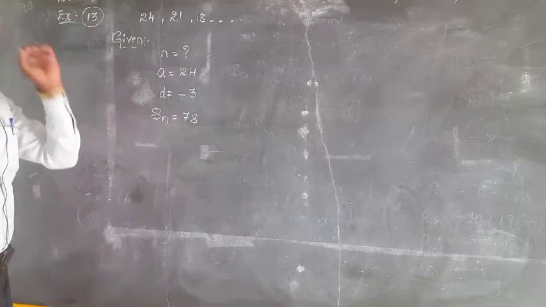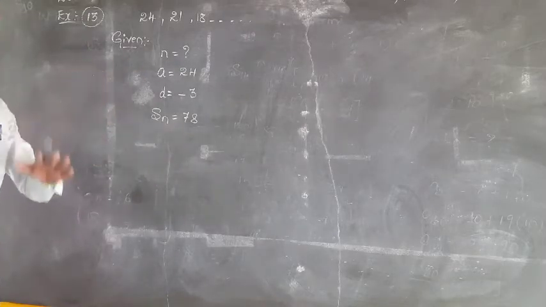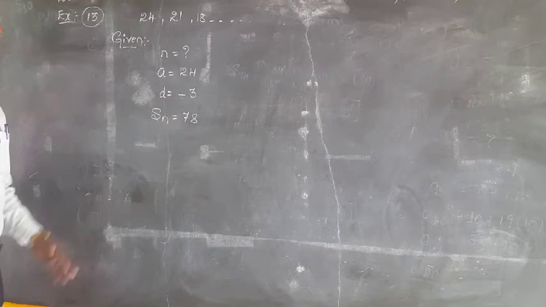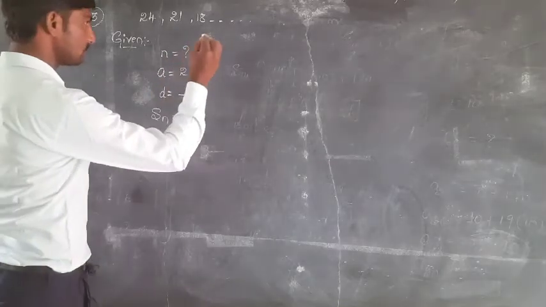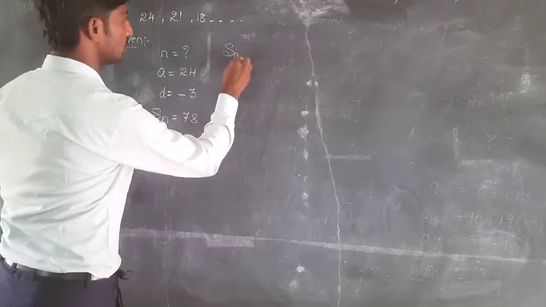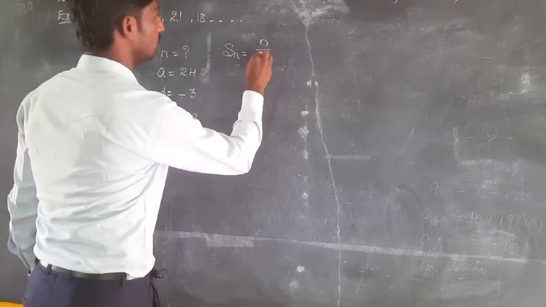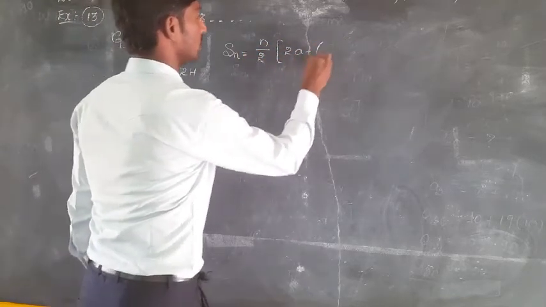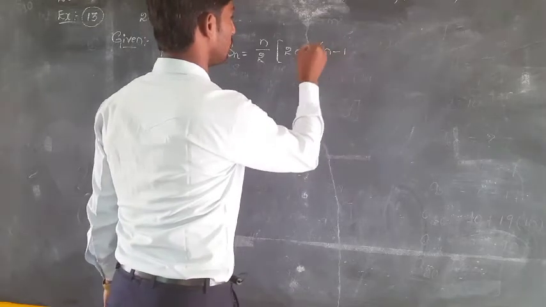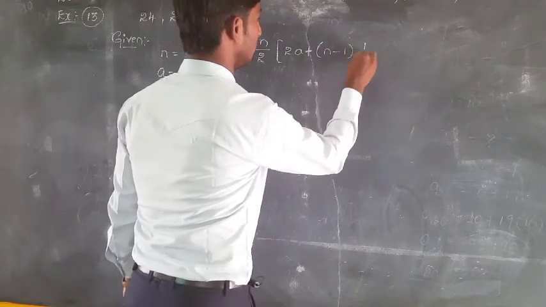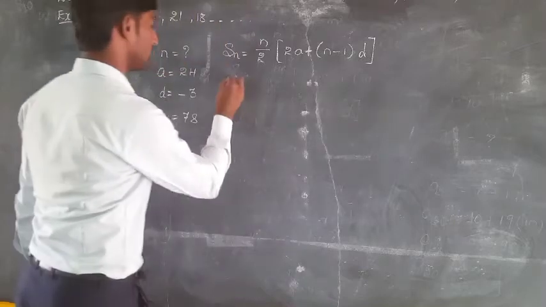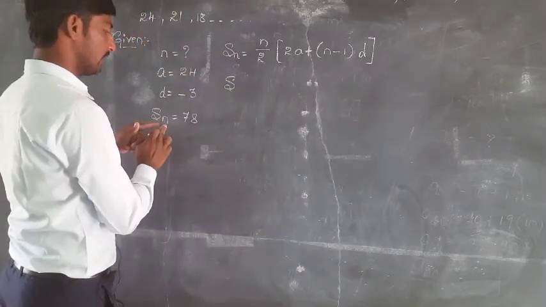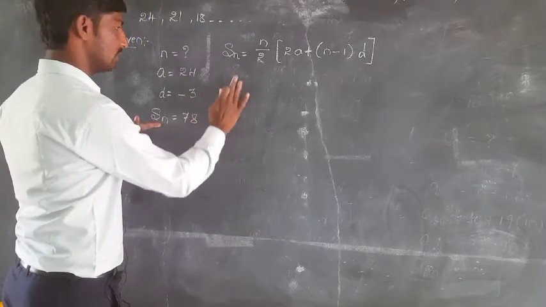For this also we have to use the same formula we discussed in the previous problems, that is Sn is equal to n by 2 of 2a plus n minus 1 of d. Sn value they gave. Is it right?